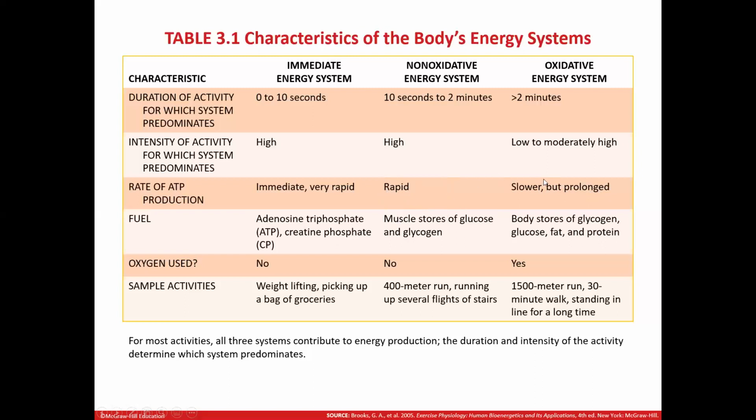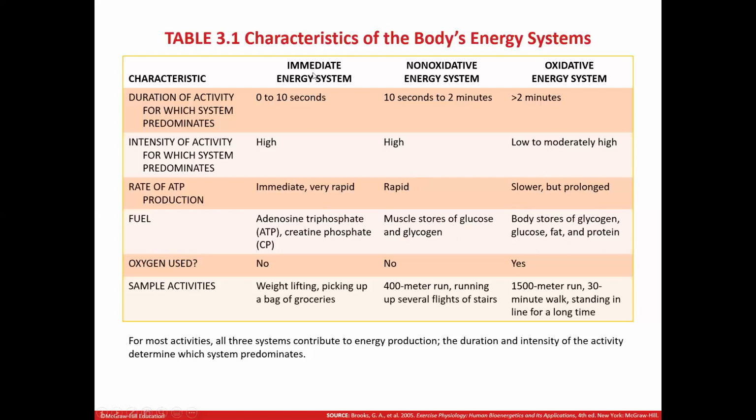So it's very rapid, and this one you actually want to be very slow so you can go for longer periods of time. So when you're a marathoner, you really want to develop slower ATP production, but a very long one in comparison. If you're a sprinter, you just want it there and now.